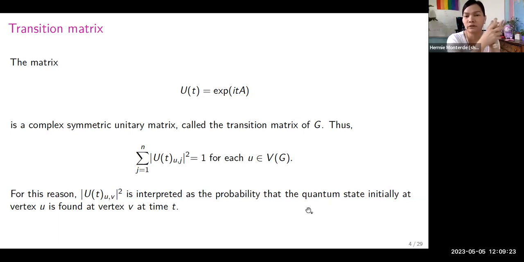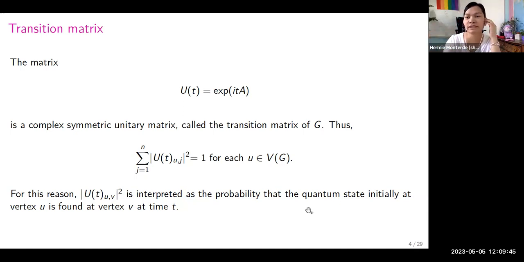All right, so it's a unitary matrix. So what about it being unitary? If you recall, what is a unitary matrix? It has the property that the inner product of the u-th column with itself is equal to 1, right? And the inner product of two distinct columns is 0.